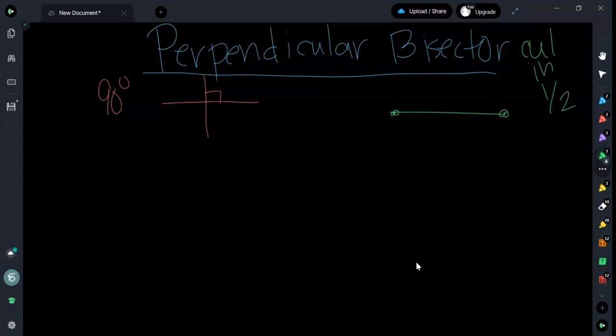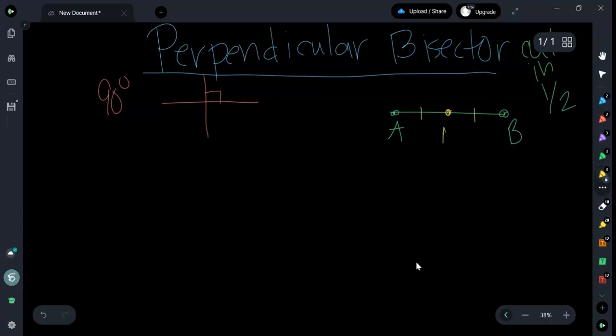So if I've got a segment and this segment has a midpoint right here, I'm going to put my tick marks there. If you remember, those tick marks mean congruent.